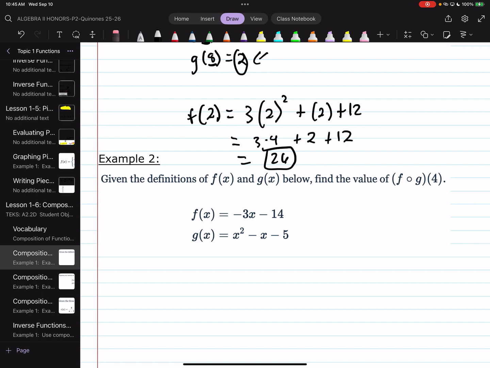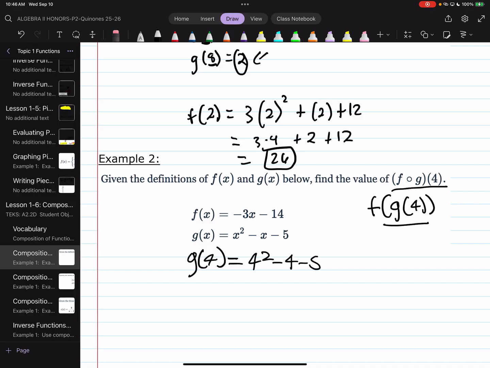In the composition of functions, it told us that f times g of 4 was equal to f of g of 4. So I used that to put this into this one. So it became g of 4 equals 4 squared minus 4 minus 5.